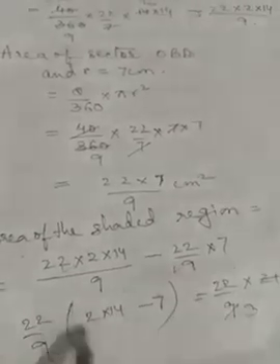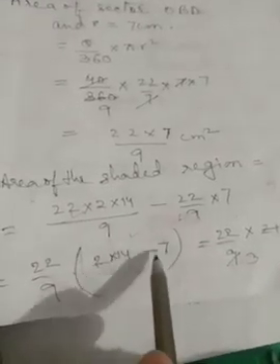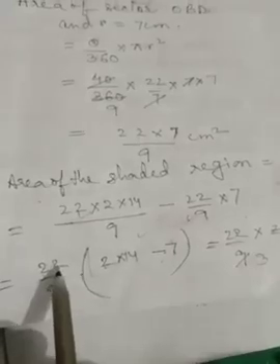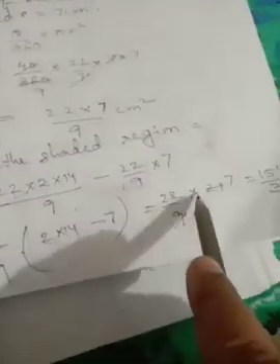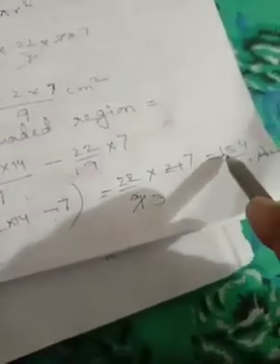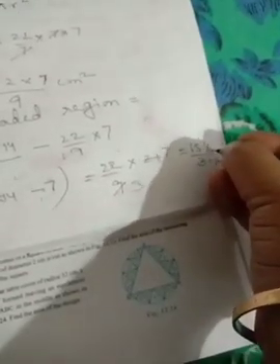So 14 2s are 28 and 28 minus 7 is 21. So 22 by 9 into 21 and it will become 154 by 3. So 154 by 3 centimeter square is the area of the shaded region. Okay students.